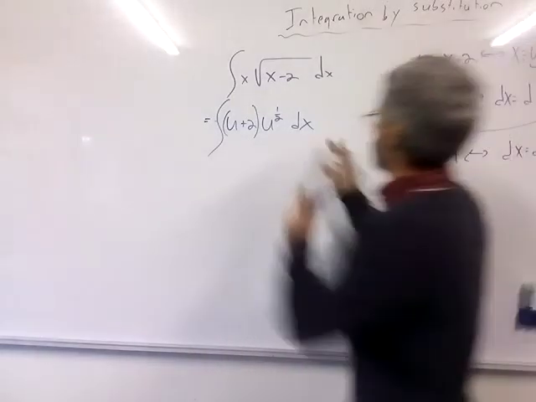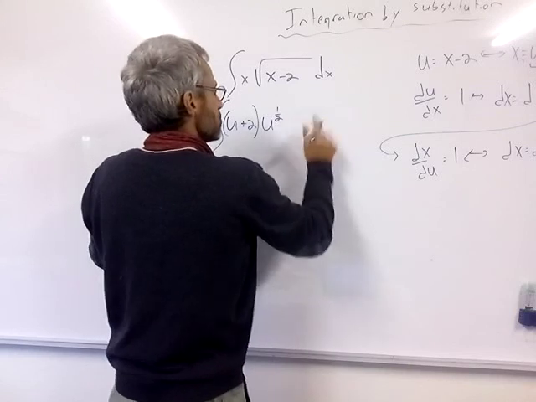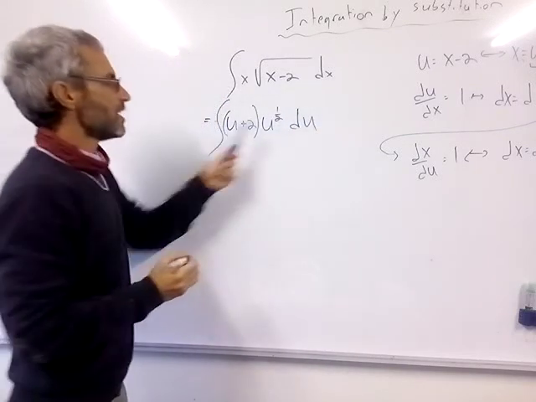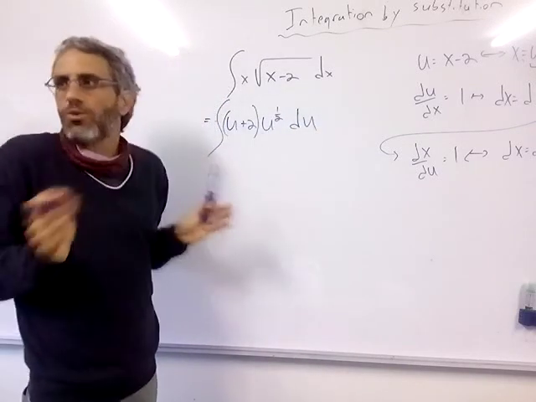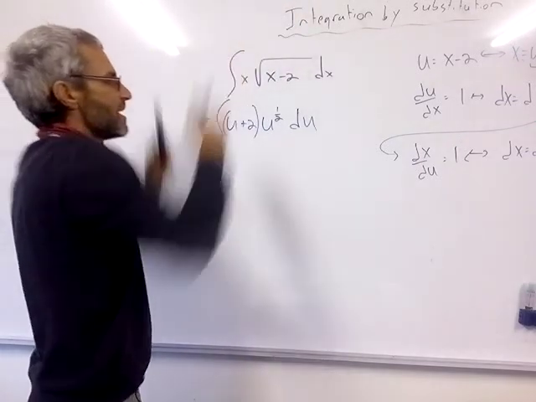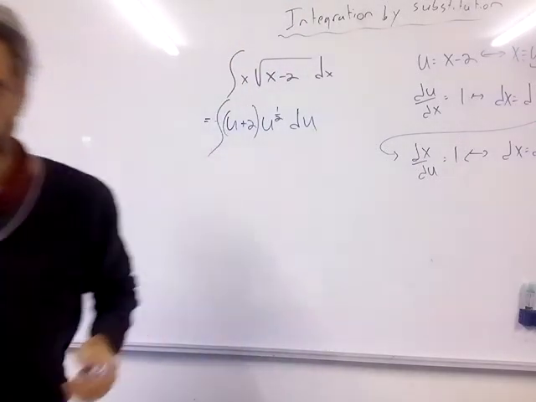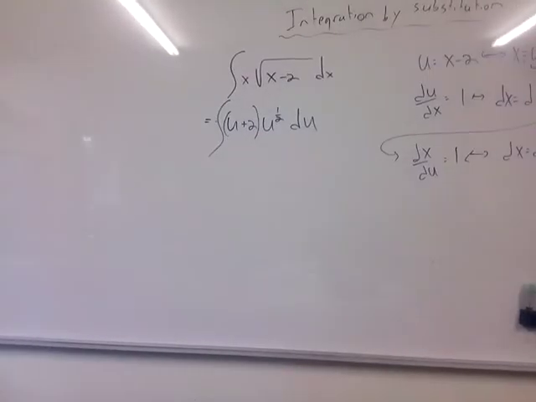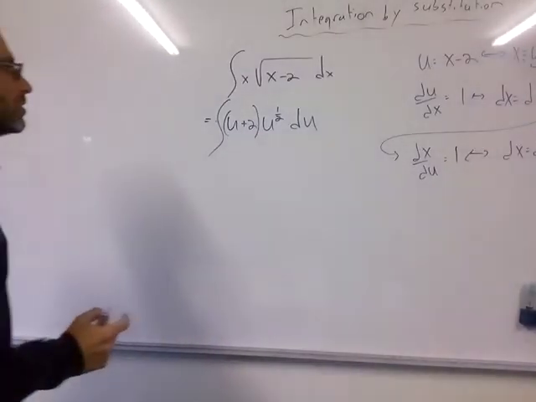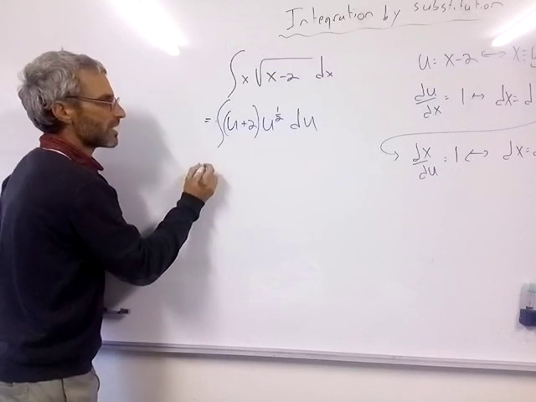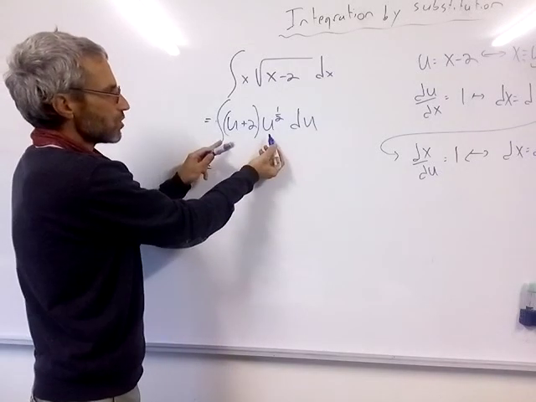So in other words, that dx can be replaced with du, and now I've got an integral with no x's. That's what I'm trying to do, eliminate all the x's. So I'll just pause here. All right, so now we might be a little bit stuck, because how do I do that?